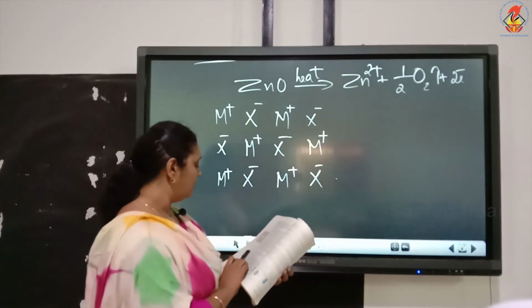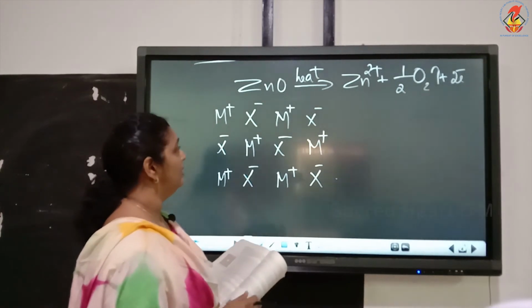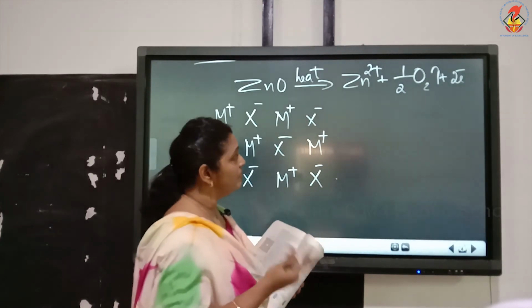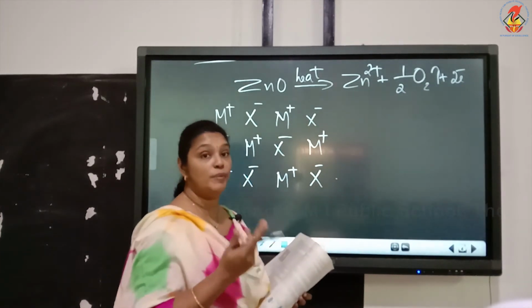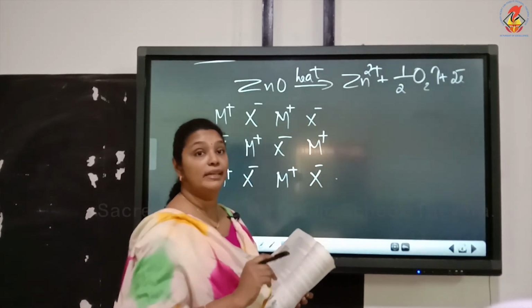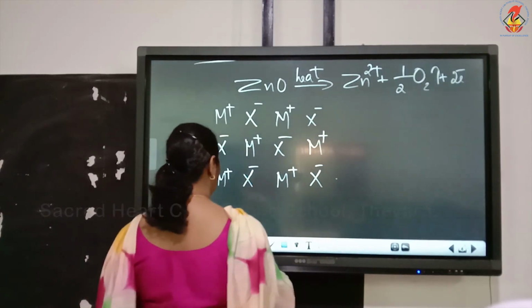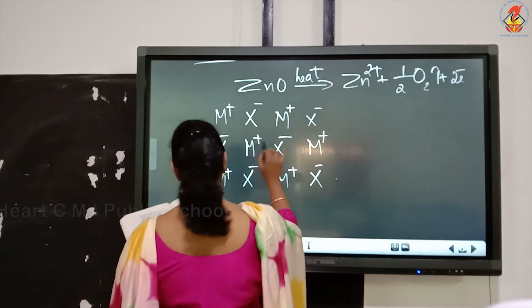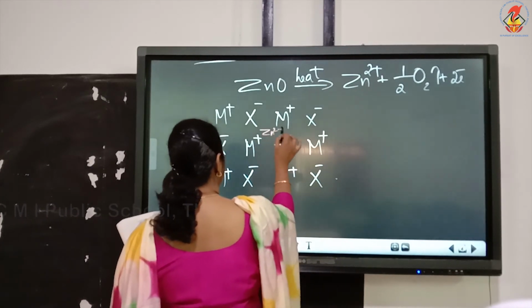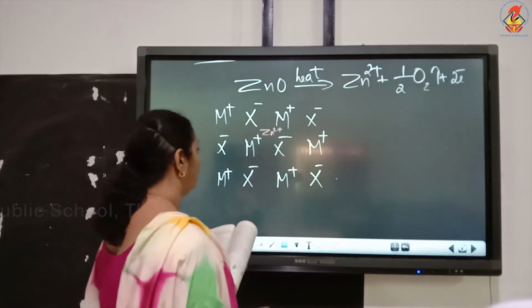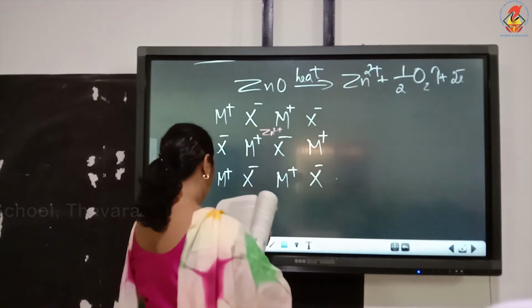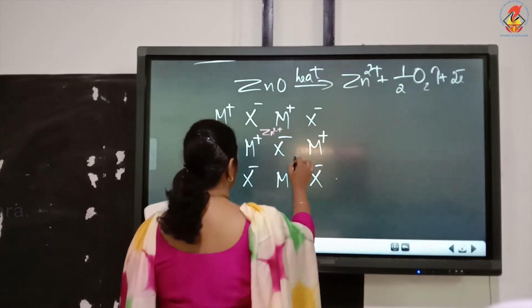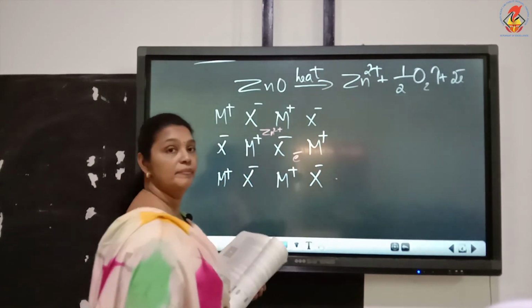You can see that the zinc ion Zn2+ is produced on heating zinc oxide. Oxygen gas will escape out and Zn2+ ion will occupy the interstitial site. So, you can see, suppose this is the structure of zinc oxide. What happens? Zn2+ occupies the interstitial site and electron will occupy the neighboring interstitial site. So, you can see electron somewhere here.